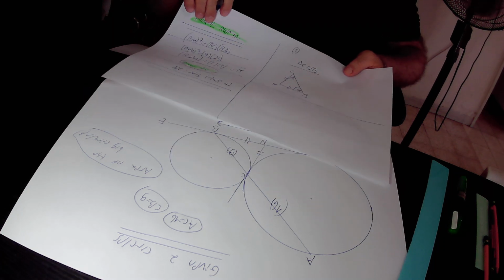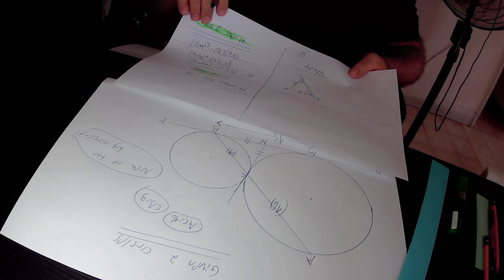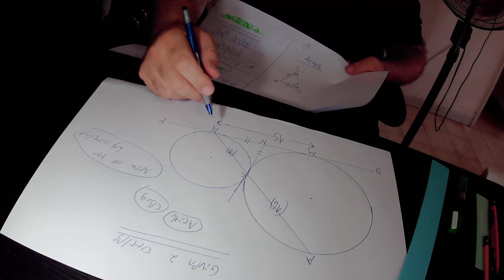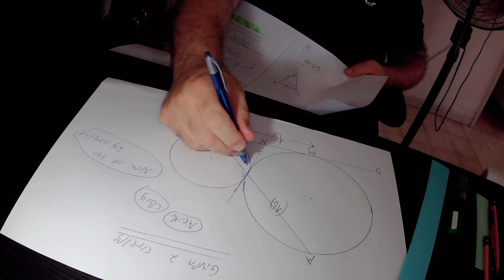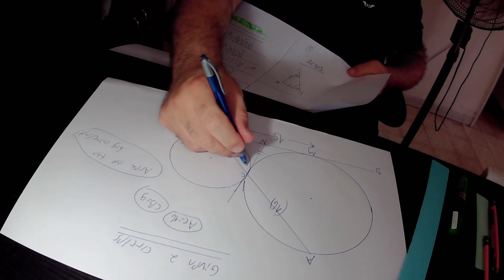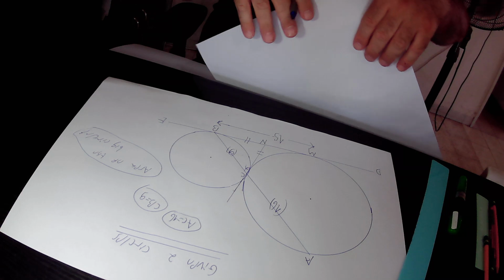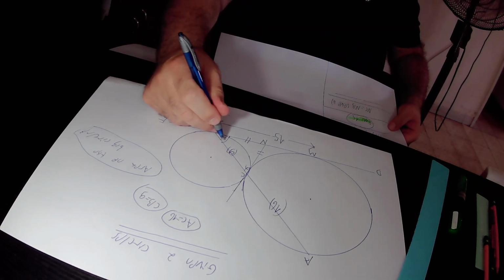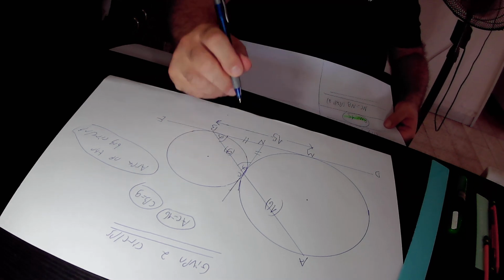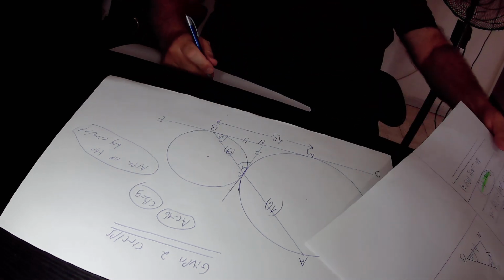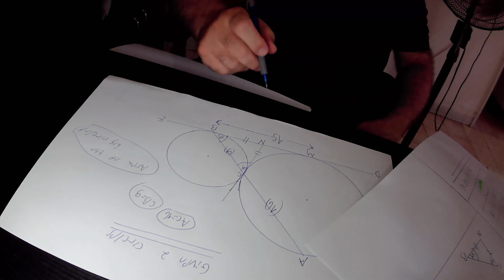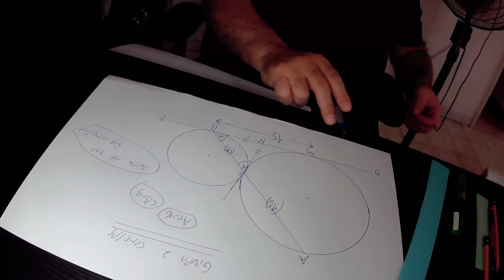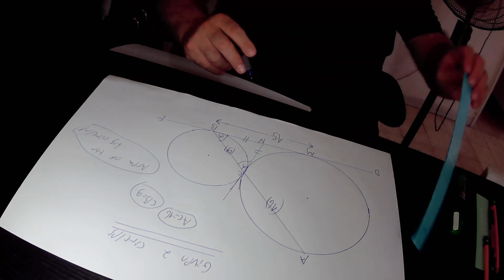Okay, so we actually found out that in triangle NCB, this angle equals alpha, and this angle also equals alpha. In the next step, we will join point C and M together by a straight line. Point M is the point of tangency of tangent DE with the big circle.